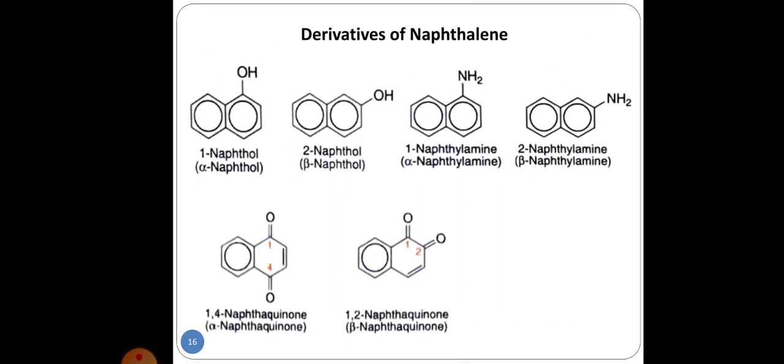Next are 1,4-naphthaquinone, also known as alpha-naphthaquinone. Next is 1,2-naphthaquinone, also known as beta-naphthaquinone. And the last derivative is 2,6-naphthaquinone, also known as amphi-naphthaquinone.